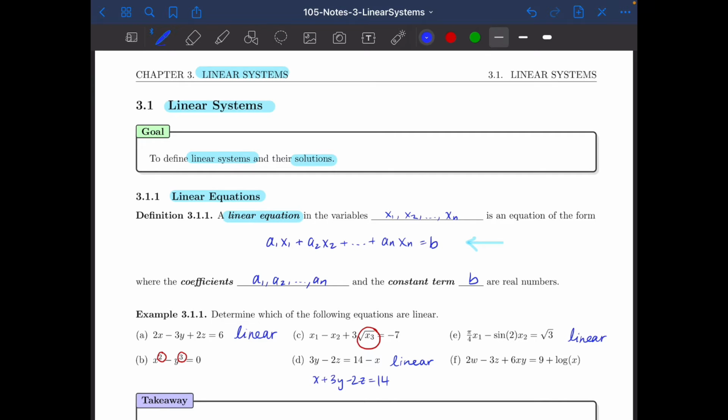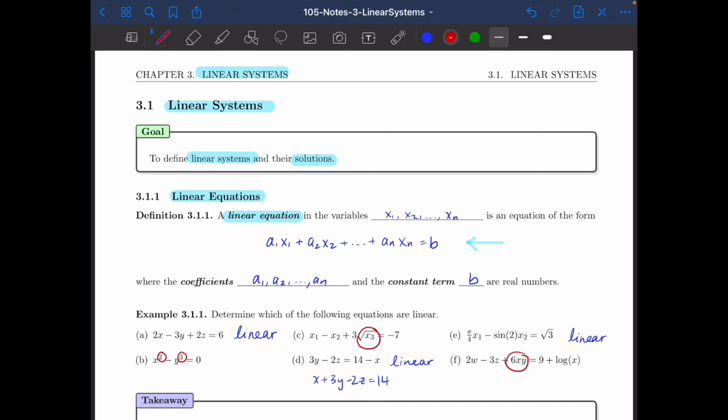In part F, we have 2w minus 3z plus 6xy equals 9 plus log of x as our equation. There are two things to notice here. We have the term 6 times x times y. In a linear equation, variables should not be multiplied by each other, only by constants.